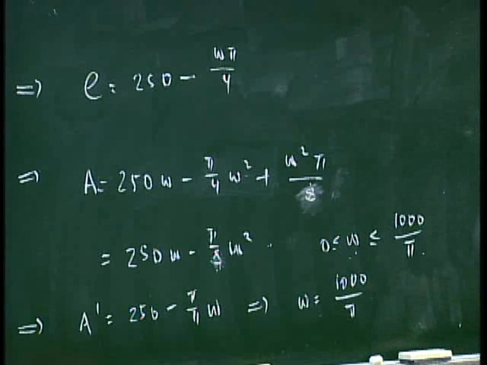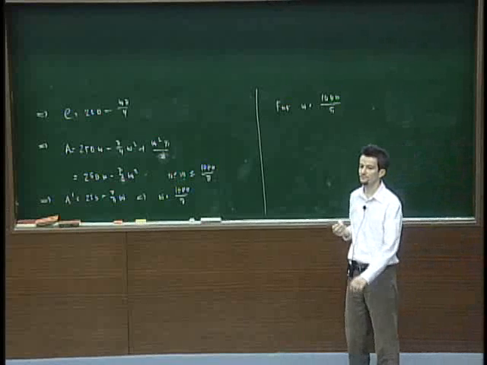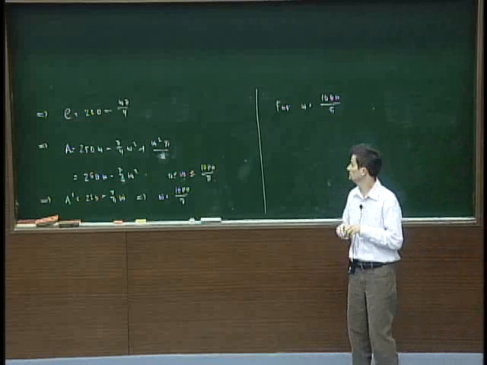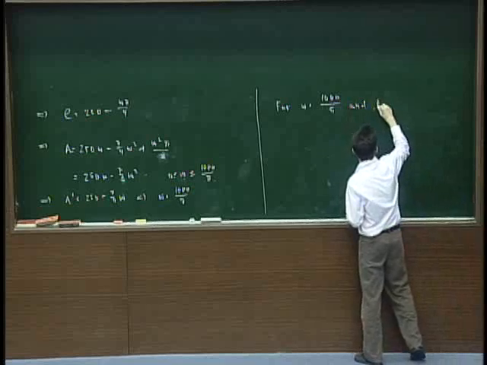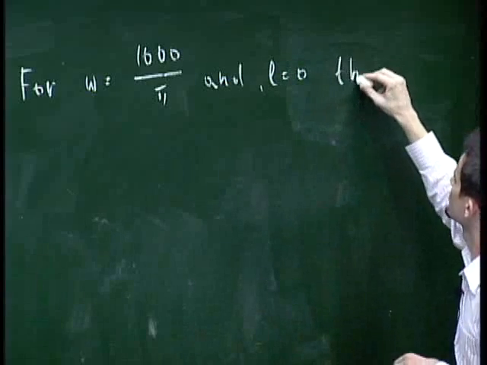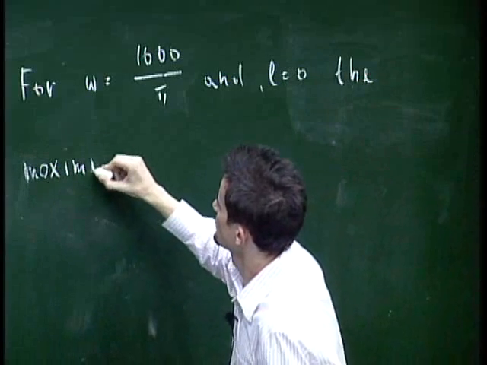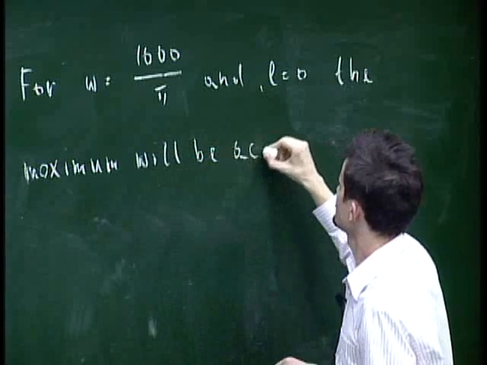So for omega equal to 1,000 over pi, the L is equal to 0. This means that the maximum is achieved if you choose the two parallel lengths equal to 0, L is equal to 0. The maximum will be achieved.